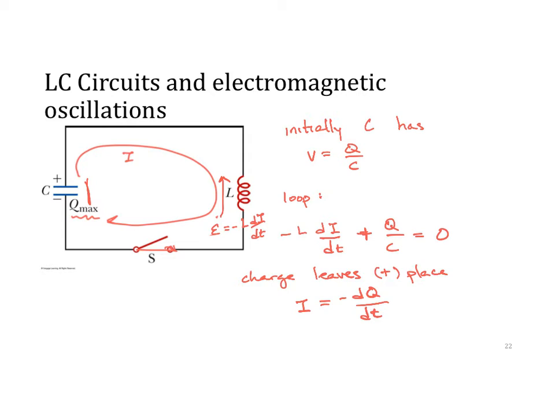So our loop equation, if we substitute this information in, really becomes negative L, and I is really negative dq/dt. So we're taking a second derivative there.